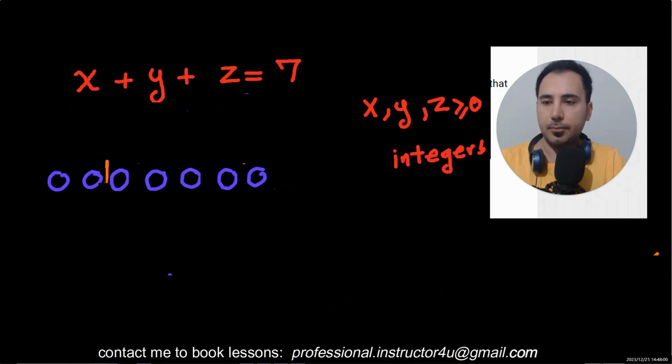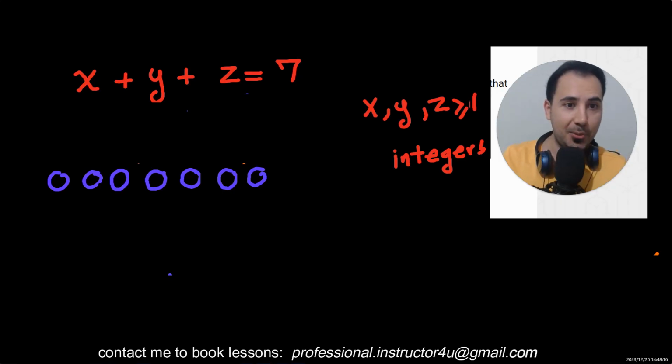Good. Now what happens if I say X, Y, Z are going to be larger than a 1, right? So how do we do it now? We just learned it for 0. Now what if we have this condition? It's the same. Look.